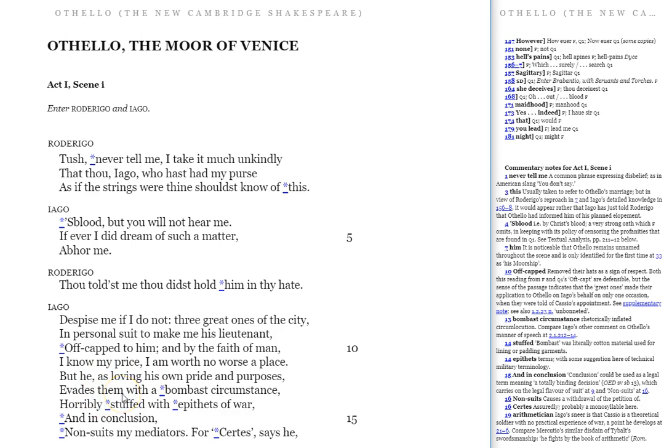"Evades them": he brushes aside these people who are putting this case, with a bombast circumstance, kind of full of puffed-up rhetoric, lots of hot air, in speeches stuffed with metaphors of war, military epithets, military metaphors and images, which is something you can make a decision about with Othello.